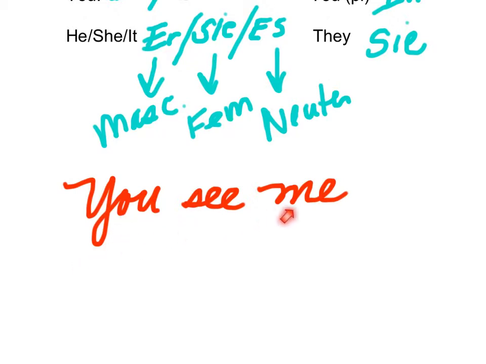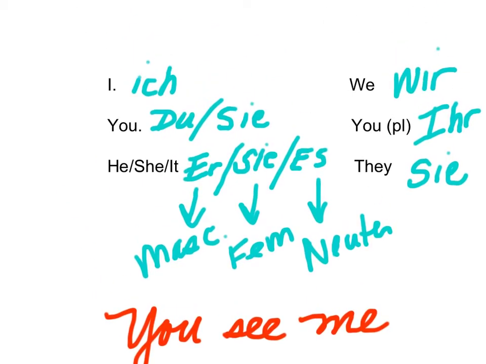So you see me. Me, in this case, is a direct object. Well, me typically is said as I in English, right? So I, me. So how does that work, right? So in English, we accept that we change I to me if somebody is referencing me in a sentence. The German's the same way. Let me show you.